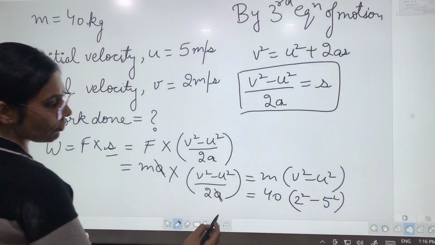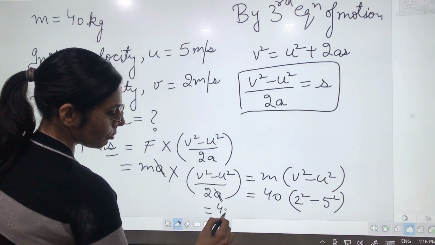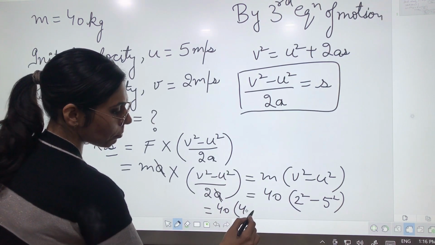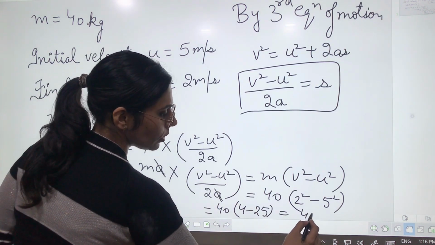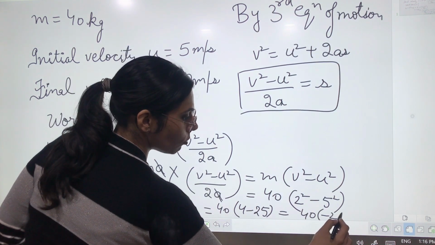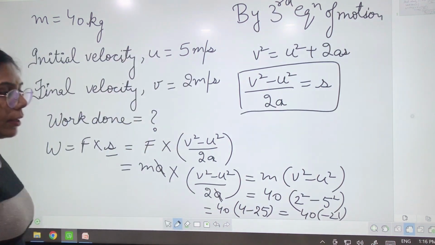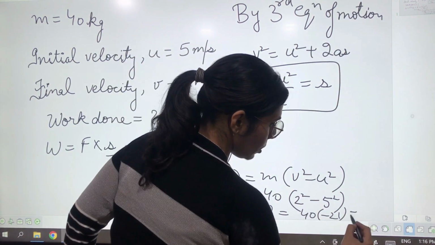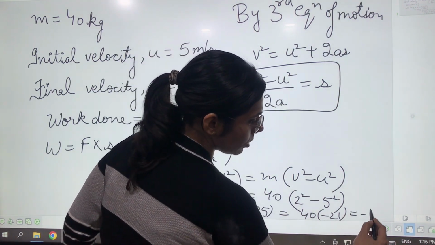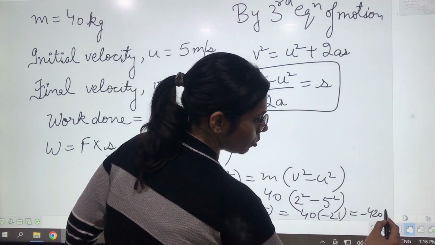So what will we obtain from here? We will obtain 40 times 4 minus 25, so 40 times minus 21. If we multiply minus 21 into 40, the value we will get is minus 840 joules.